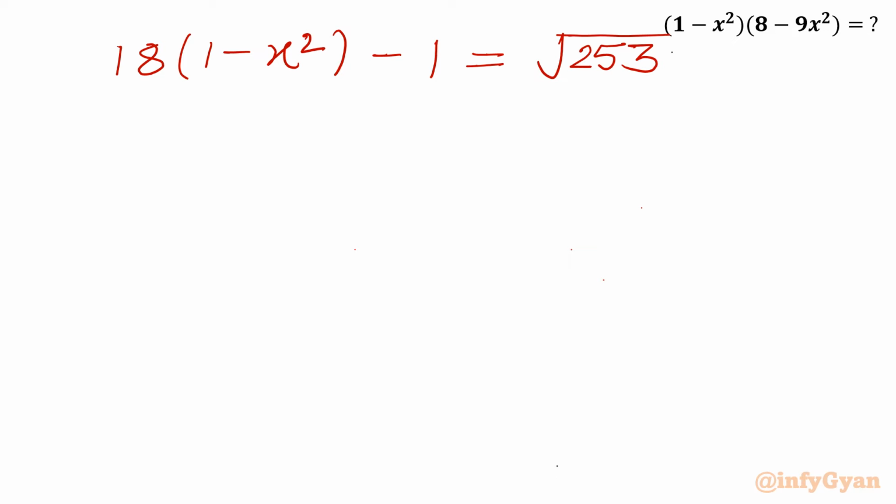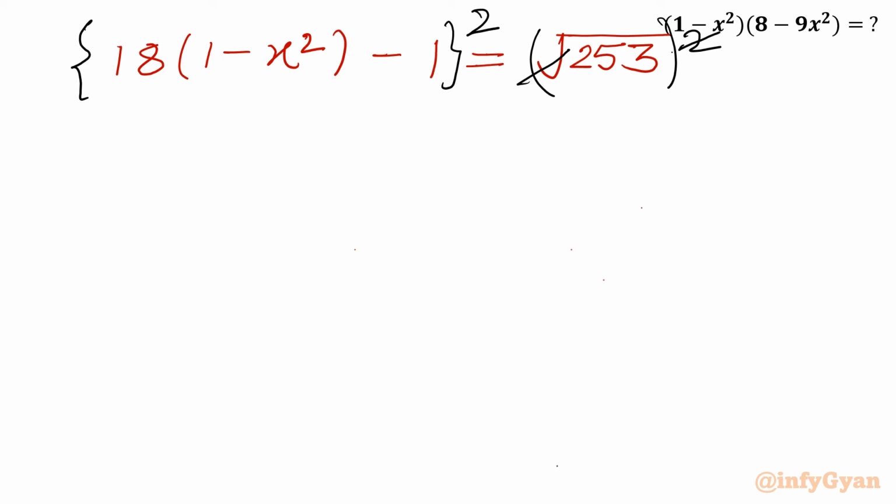Let me write here 18 times (1 minus x square) minus 1 equal to square root 253. Now I will use squaring. So I will consider power 2 on both sides, and I can cancel the square root and power 2.